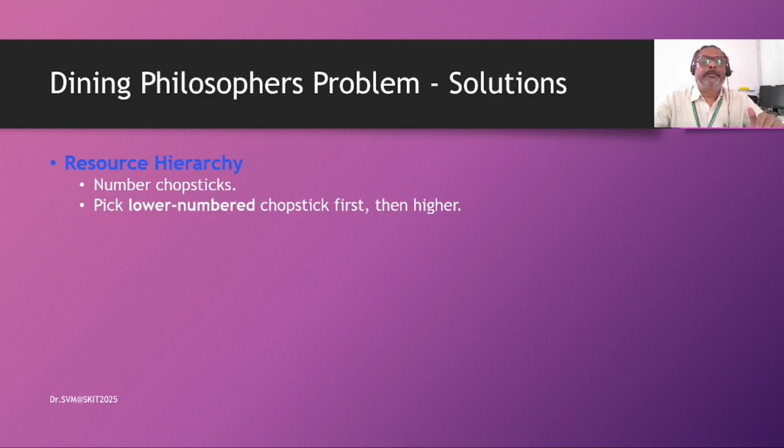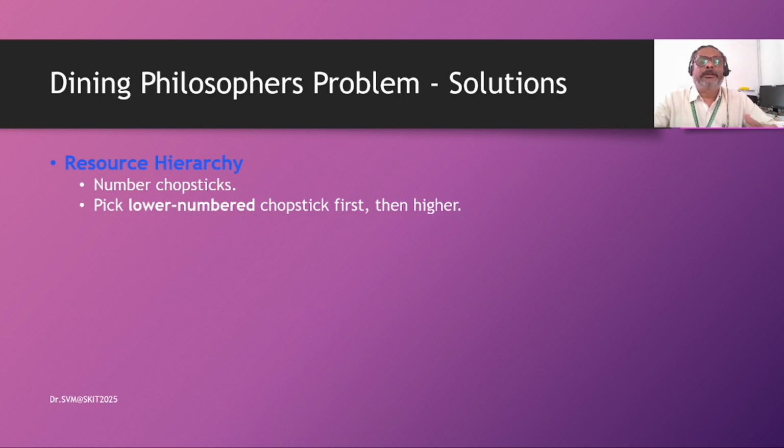If you number them starting with the left side of the first philosopher as 1, then the next one is 2, then 3, then 4, then 5. So the fifth philosopher's left side is 5, right side is 1.